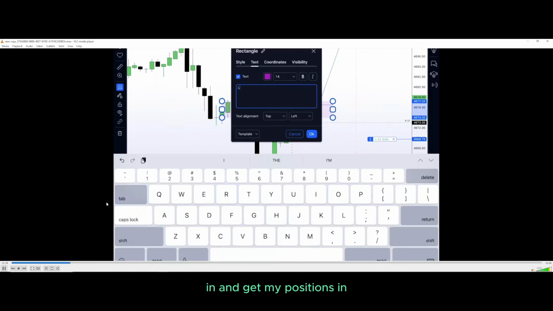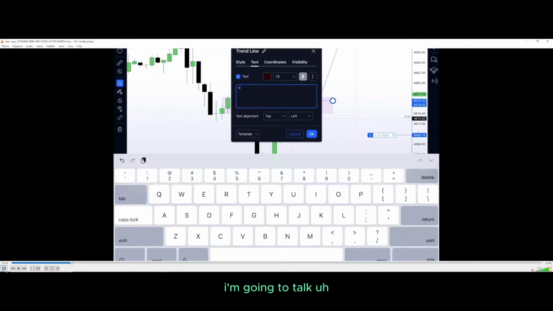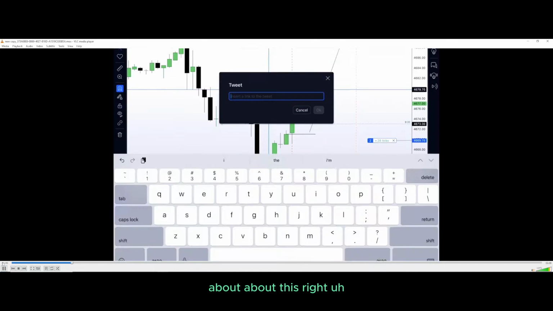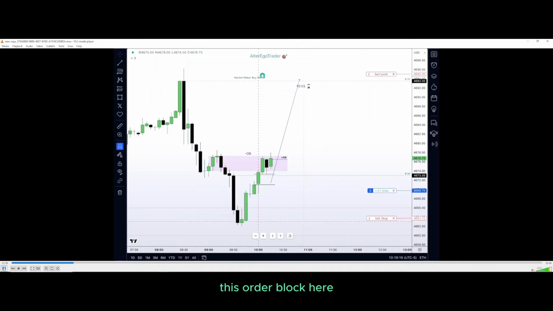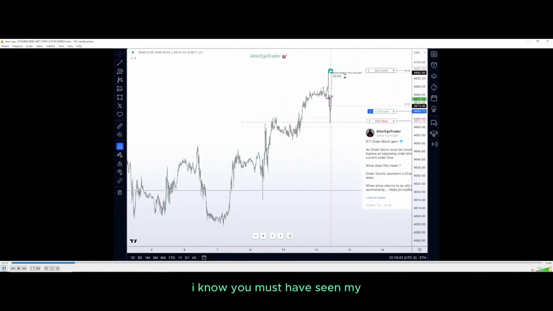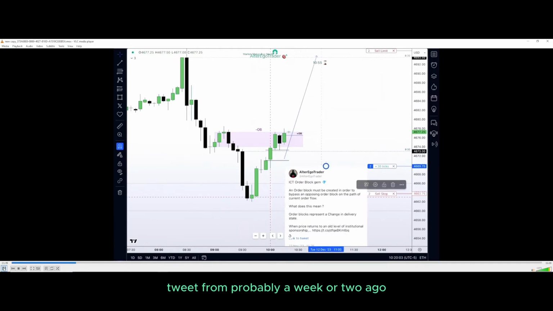So real quick, I'm going to talk about this order block here. I know you must have seen my tweet from probably a week or two ago, where I mentioned details and intricate details about an order block and how it works, some things that are quite unspoken.